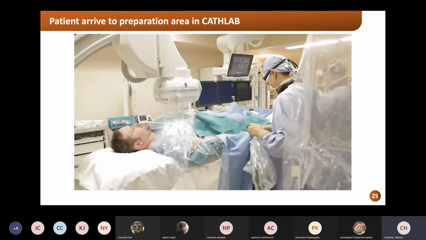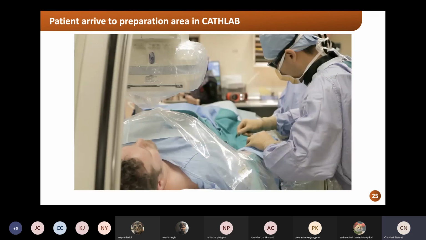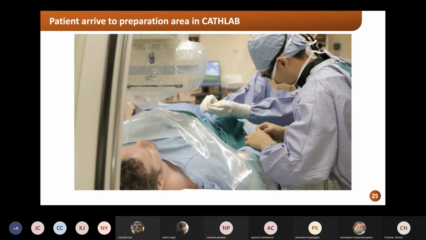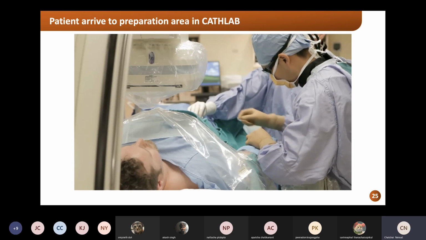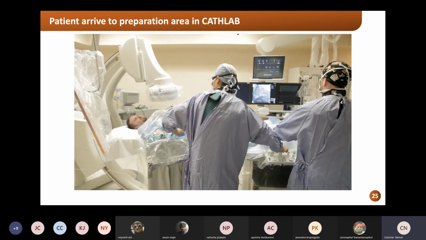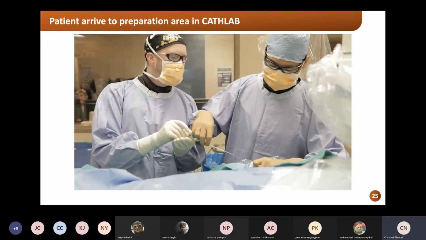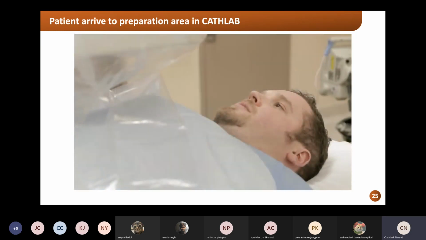But some hospitals may not prefer this position of the IV line. And here the doctor will puncture the radial artery. You see that the sheath will be inserted into the patient now. You see that the patient is awake for the entire procedure.